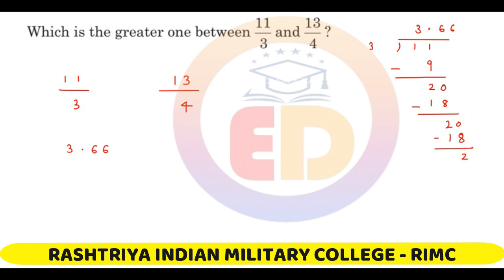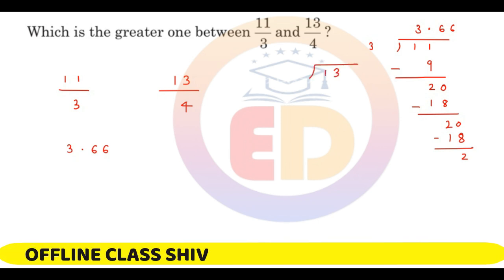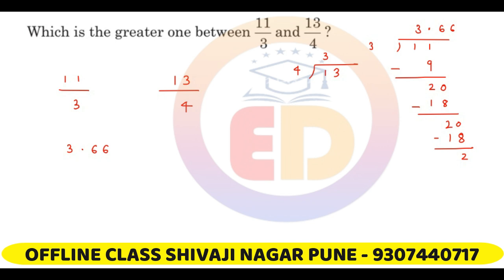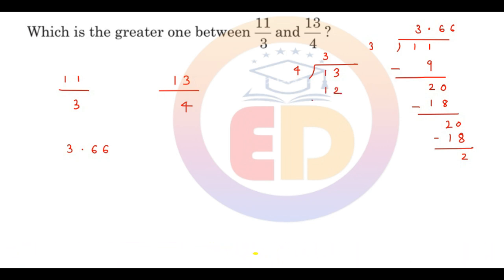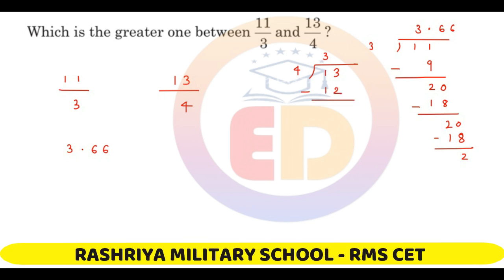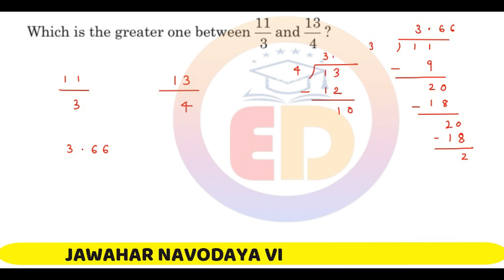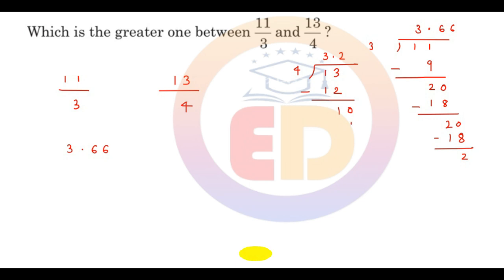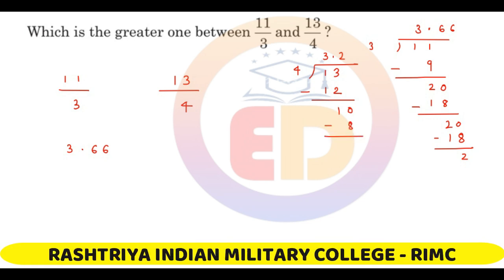Now let us divide 13 by 4. 4 3s are 12. I subtract, this is 1. Place a decimal point. Place a 0. 4 2s are 8. I get 2.